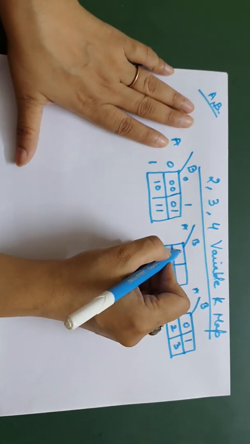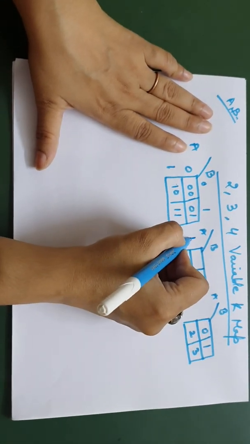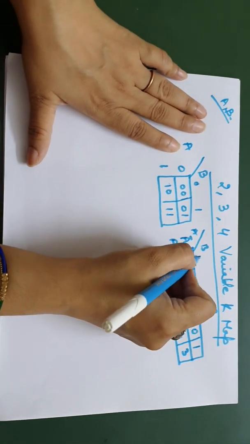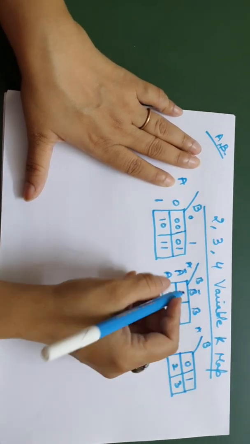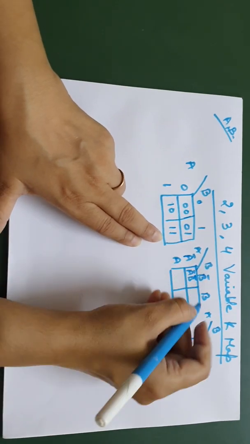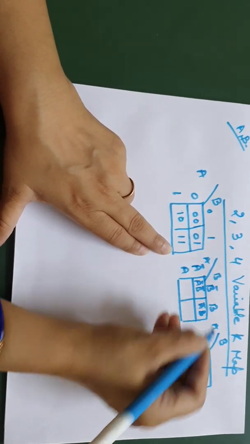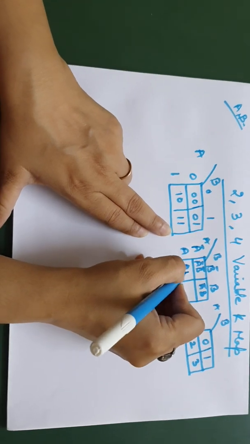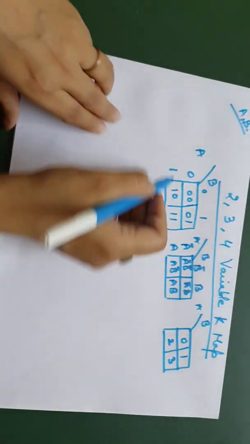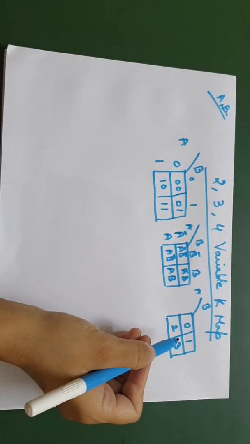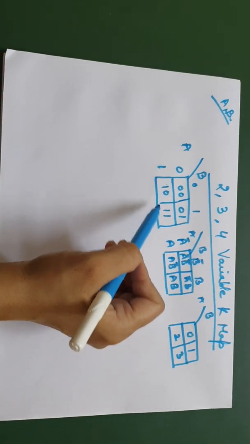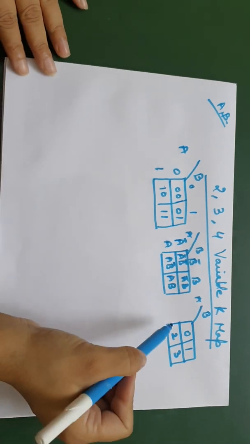And here we write A bar and A, and B bar and B, and the cells will be A bar B bar, A bar B, A B bar, A B. I hope it is clear to all of you. So this is the way we represent our two variable K-map in graphical format. Okay, so this is my two variable K-map.